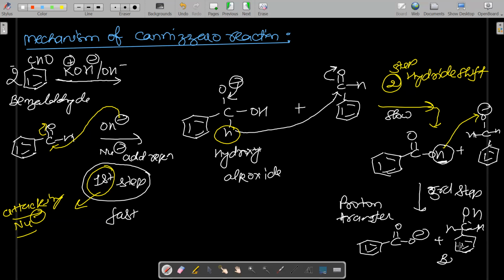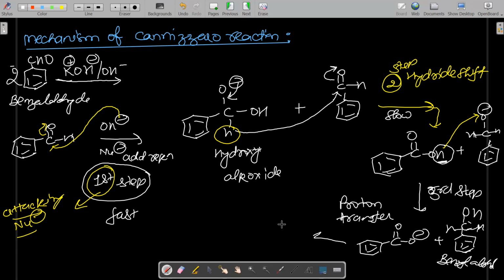So there is formation of benzyl alcohol. And the other molecule gets oxidized into the carboxylate ion, or the salt. If we are taking KOH, then potassium attaches to O minus. If we take NaOH, then we get ONa.